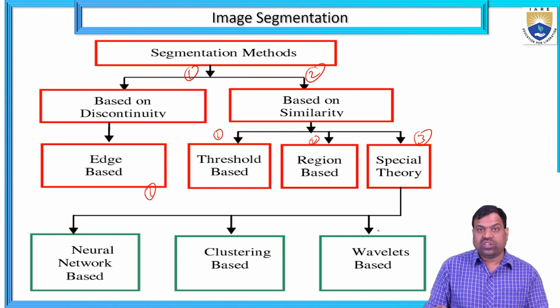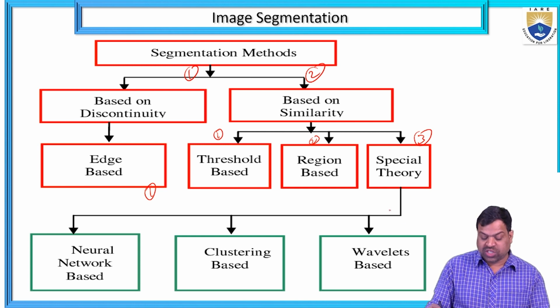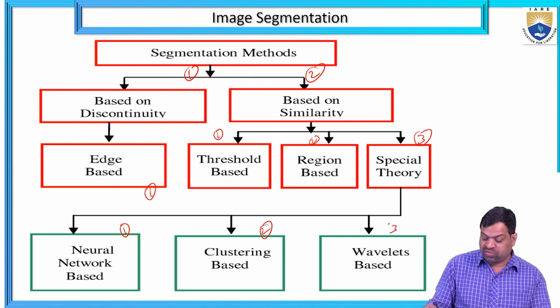Discontinuity means only some differences are there. Similarity means what similar things are there in the object. Based on special theory, there are neural network based, clustering based, and wavelet based.